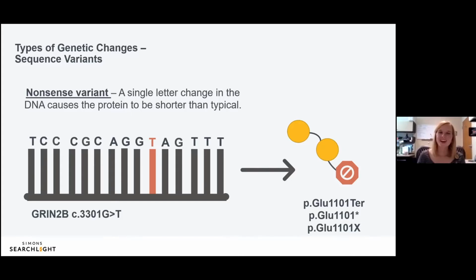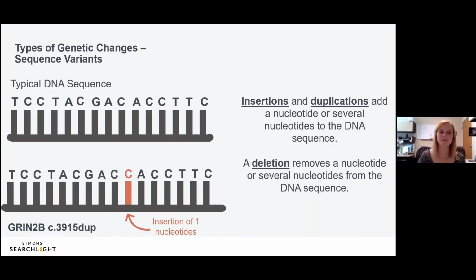There's one last type of change I'd like to talk about today, so thank you for sticking with me. This is called a frame shift type of variant, and it has to do with insertions or deletions. So instead of a DNA letter being changed or substituted, it's possible that a letter of our DNA could be copied an extra time or just taken out.